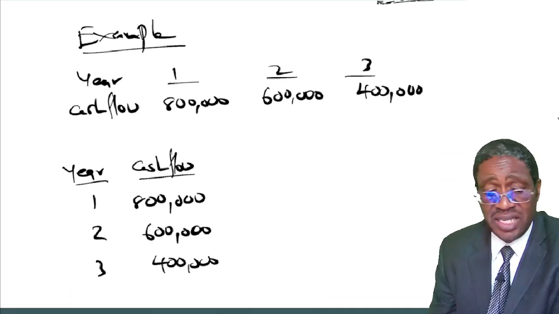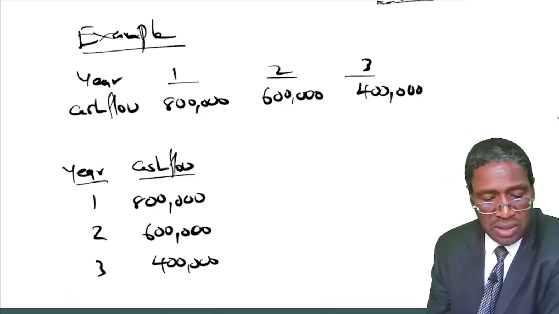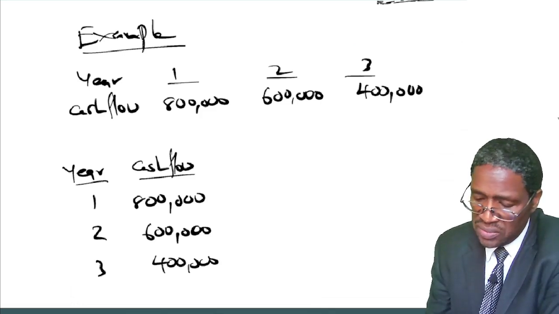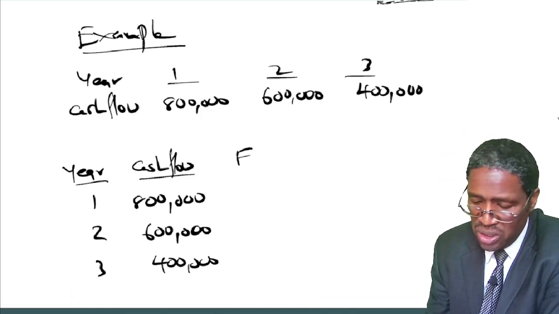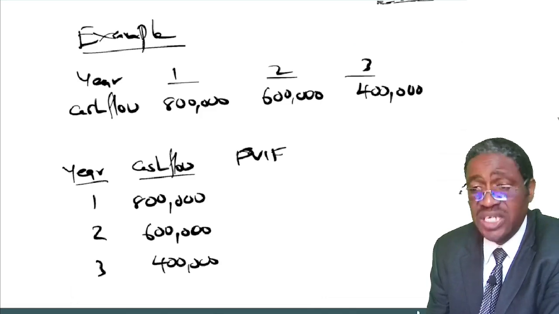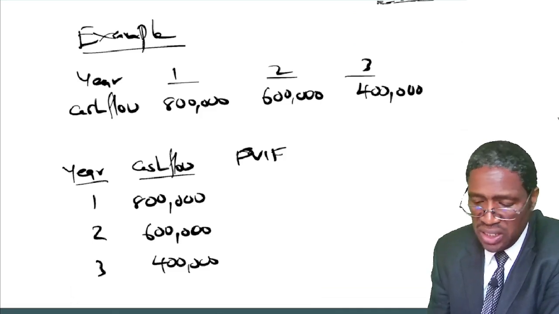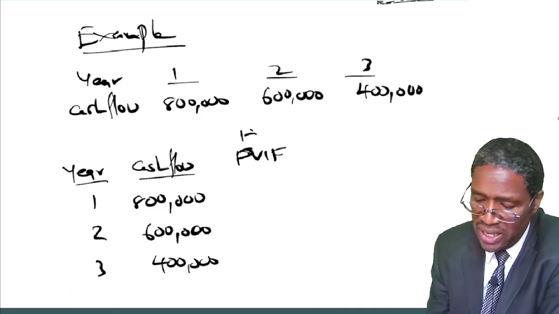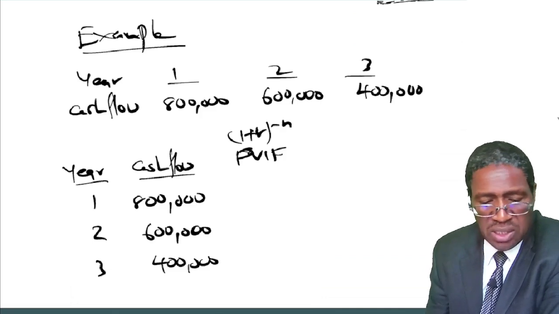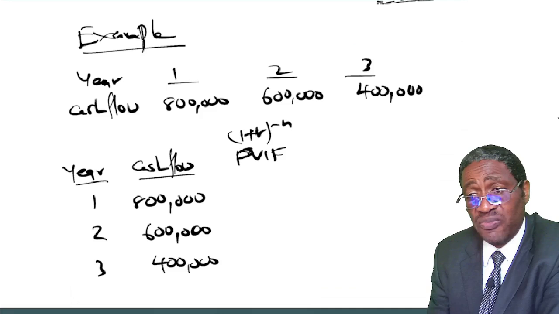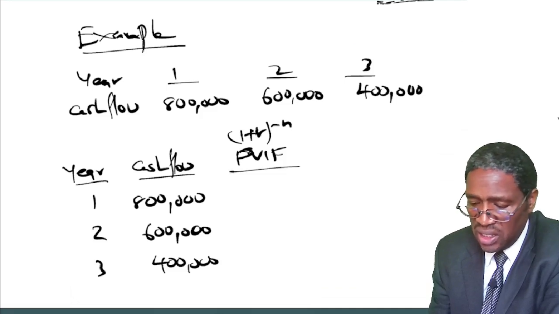Then I get the discounting factor, which is the present value interest factor. In terms of formula, it's 1 plus r to the power of -n, and our r is 10%.